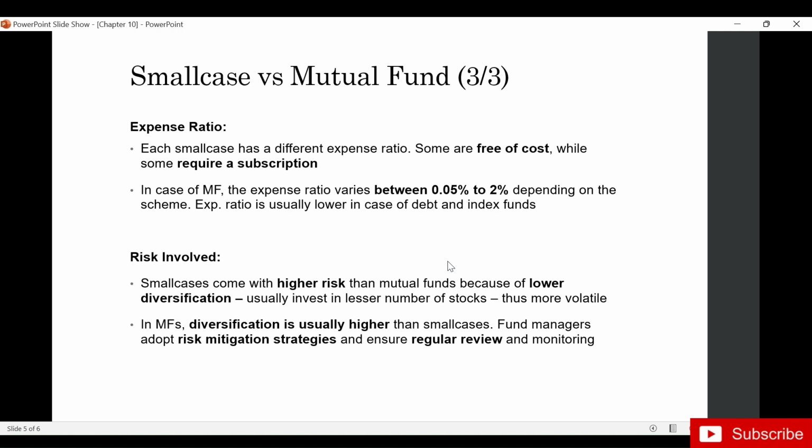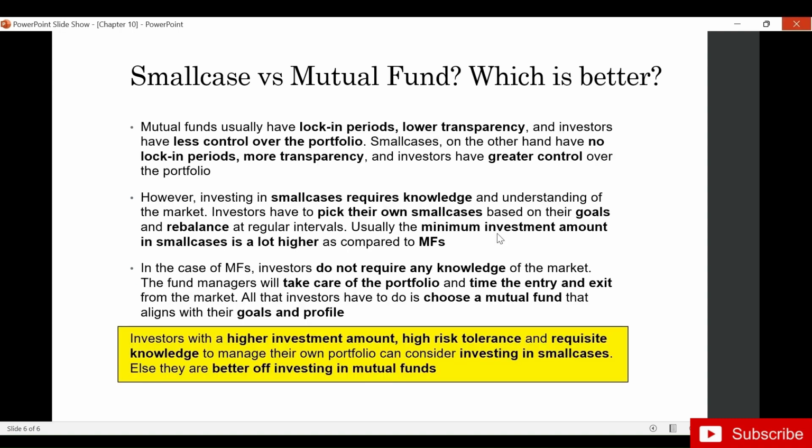In case of mutual funds, the diversification is usually higher than small cases. The fund managers of mutual funds adopt various risk mitigation strategies and also ensure regular review, monitoring and rebalancing.